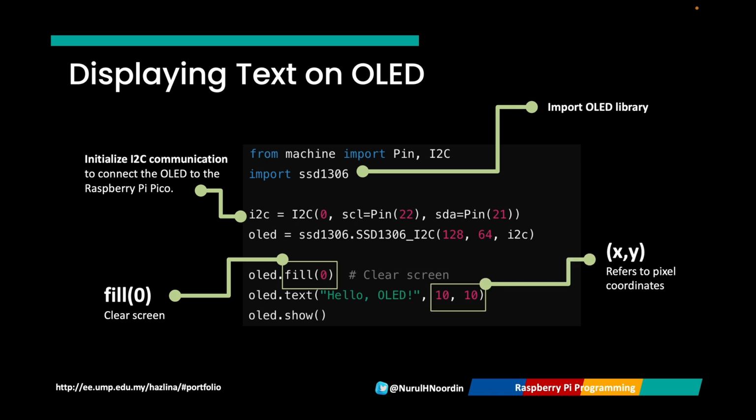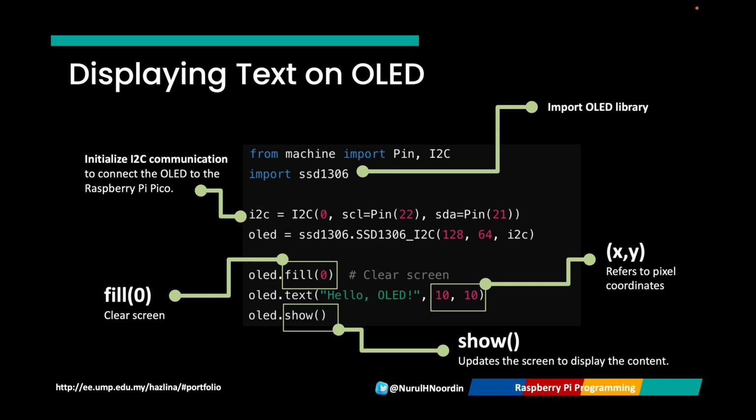The text Hello OLED is displayed at coordinates 10, 10. Take note that this 10, 10 refers to the pixel coordinates X and Y. The show function updates the screen to make the text visible. This is the fundamental way to display information on the OLED.